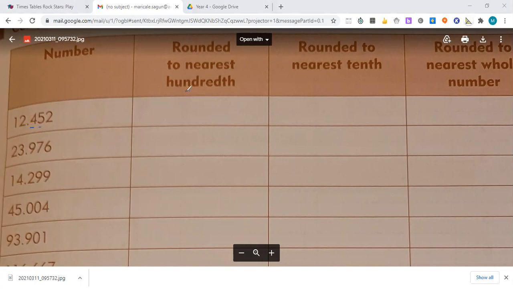Remember, this is 2 decimal places after the point. Understood? So 1 and 2, and then circle it. So the answer will be 12.45.